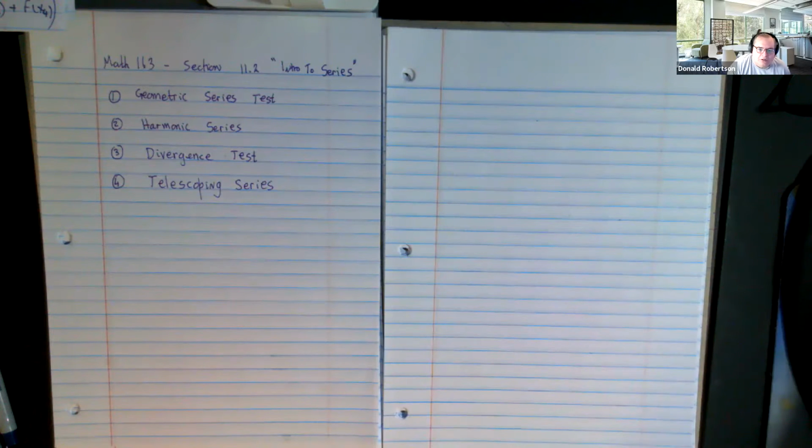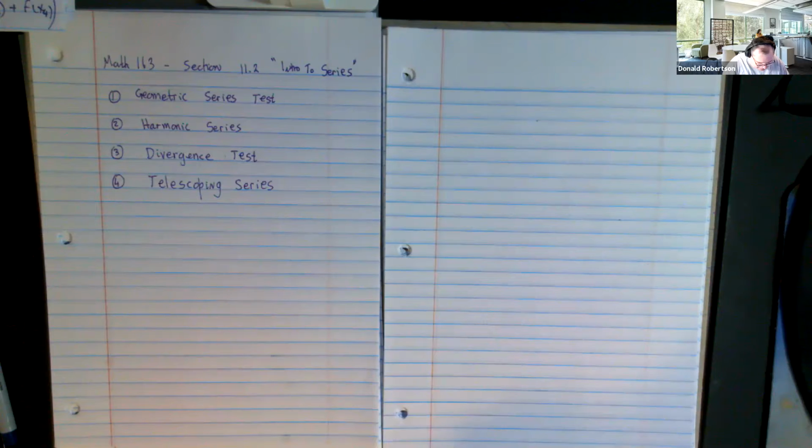I'm then going to move on and do a little bit of examples of other series. We're going to look at a harmonic series, which we have touched on. And then I'm going to tell you about a telescoping series and a new test, another test called the divergence test, which basically allows us to tell if a particular series converges or not.